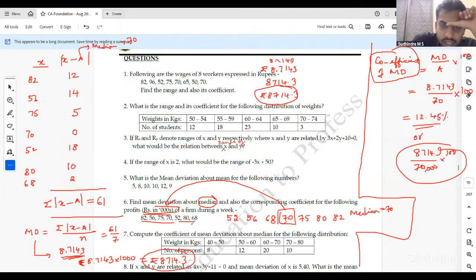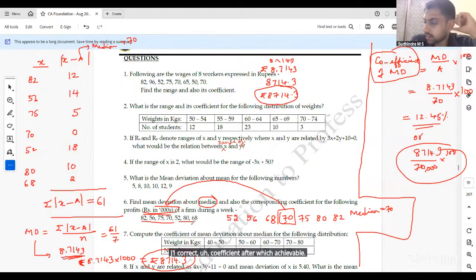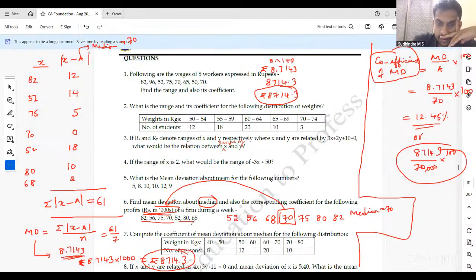Smriti Hegde, I think you have to recheck. Yes, Ganavi correct. Jeevan correct. Coefficient you have to recheck, Jeevan. Mean deviation is correct. Yes, Vikshita, correct. It's not matching, Sahana. Tanushri RN is correct.